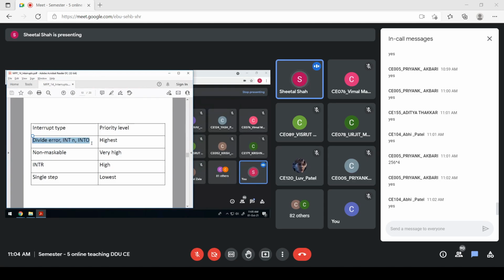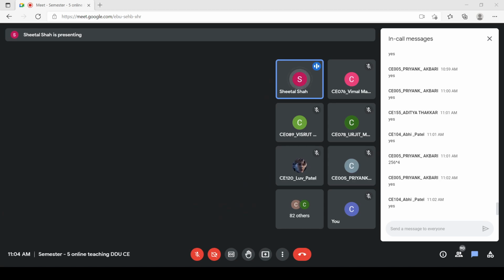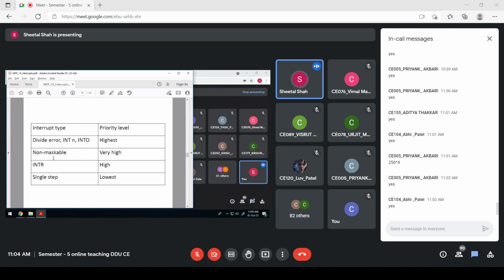Among these, the highest priority would be for the internal interrupts. Then comes the interrupt occurring at the NMI pin, that is the non-maskable interrupt. Then comes the interrupt due to the other IO devices which are connected to the INTR pin. And then comes the single step, that is the INT for single step execution.